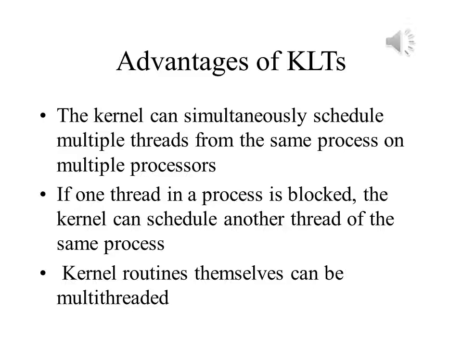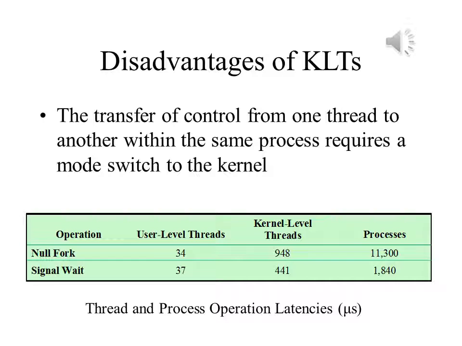Another advantage of the KLT approach is that kernel routines themselves can be multi-threaded. The principal disadvantage of the KLT approach compared to the ULT approach is that the transfer of control from one thread to another within the same process requires a mode switch to the kernel.